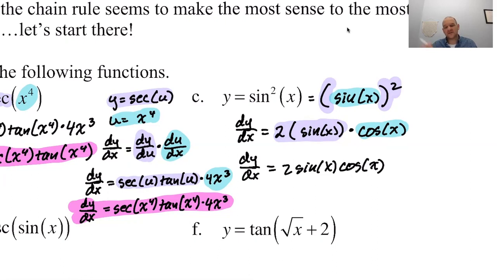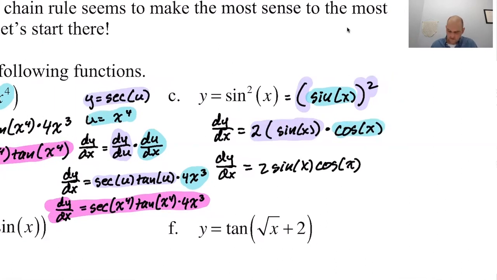The derivative of sine of x is cosine of x. If it had been sine of x cubed, then it would have been 2 times sine of x cubed times the derivative of sine of something, which is cosine of that thing. So that thing is x cubed, so I'd need to multiply by 3x squared. And you just keep going until you've taken the derivative of every function that originally was in the problem.